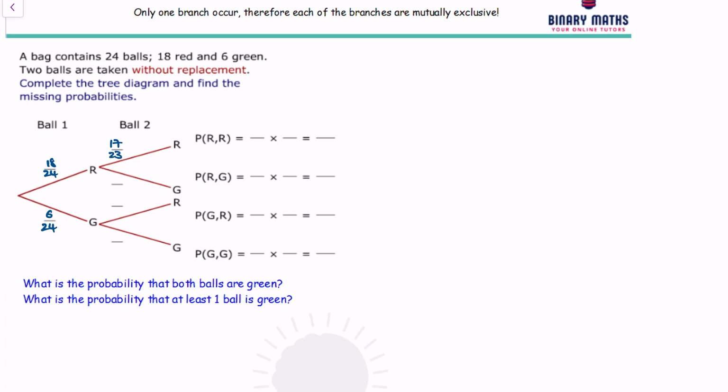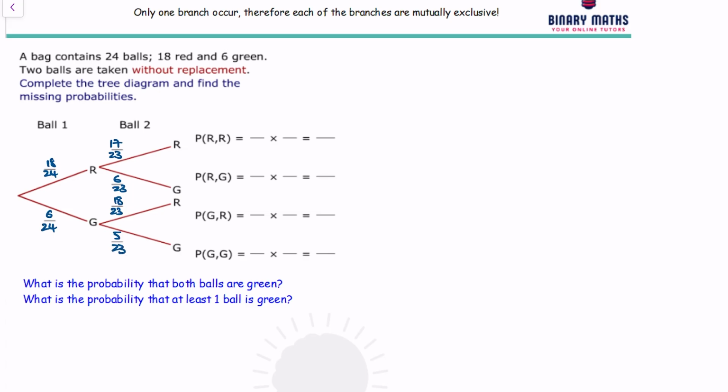We didn't pick a green, so that would be 6 out of 23, still 6. If, however, we picked green as the first ball, then the number of reds would not change, which is 18, but the total will be 23. And if we pick green as the first ball, the second ball being green will be 5 out of 23, because there's one less green ball.